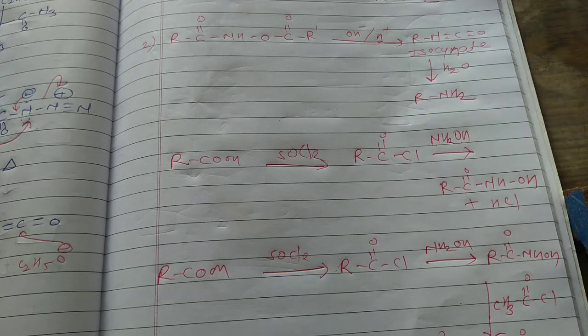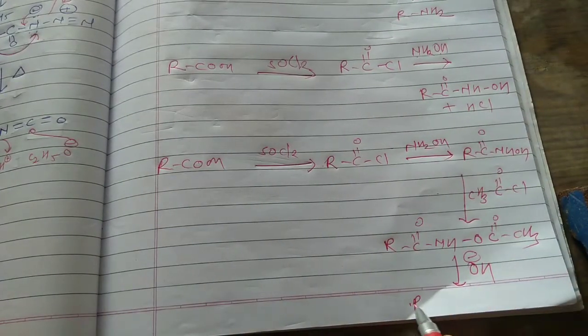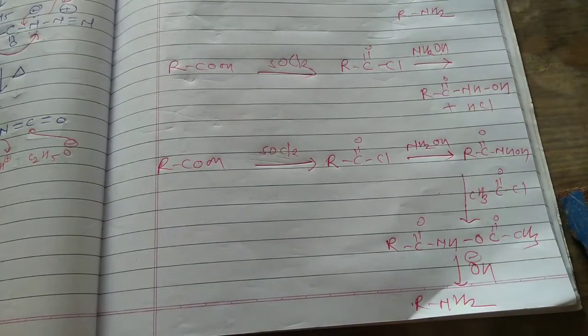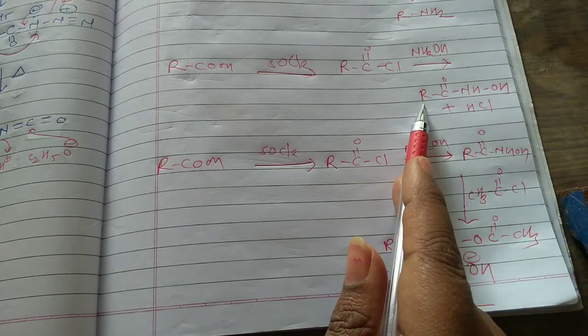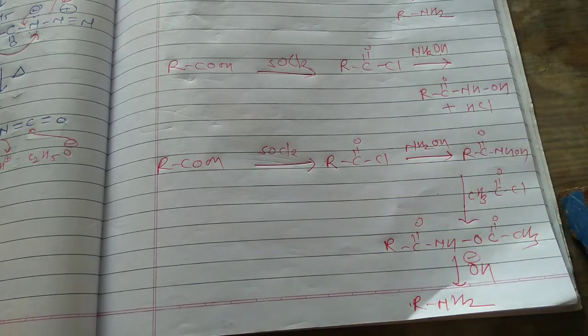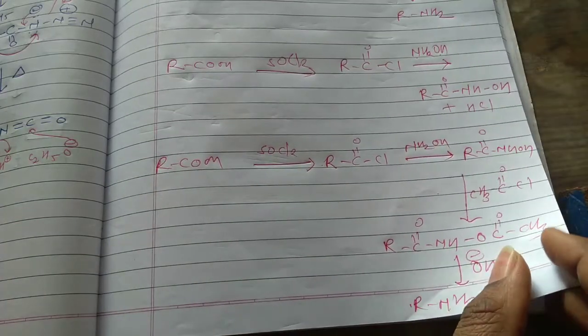Then further it is reacted with the base, and there is a formation of the product directly, that is RNH2. Here this hydroxamic acid is further converted to the isocyanate, and then there is a formation of the product.